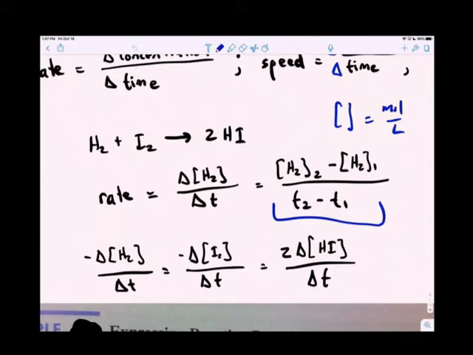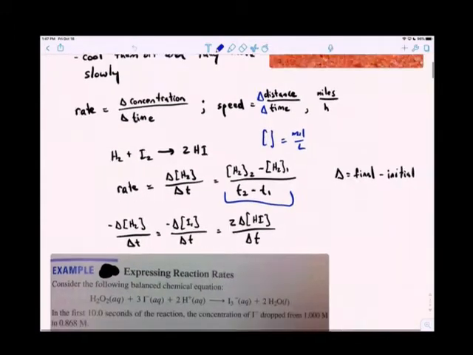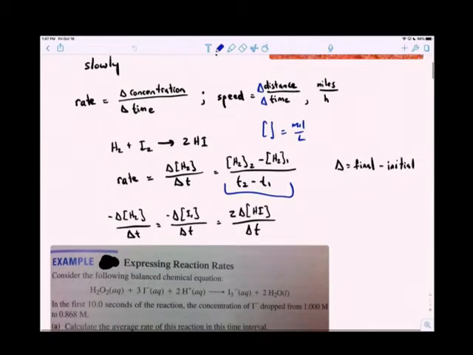You can look at that as the hydrogen concentration at time 2 minus the hydrogen concentration at time 1, divided by the difference in the time. If you carry that on to infinity, that is one of the definitions of a derivative. And also, change is always final minus initial whenever you see that.